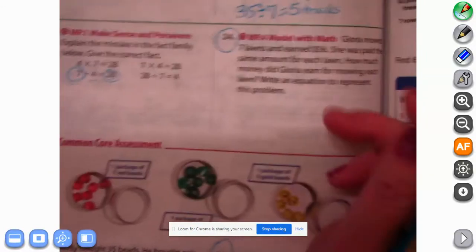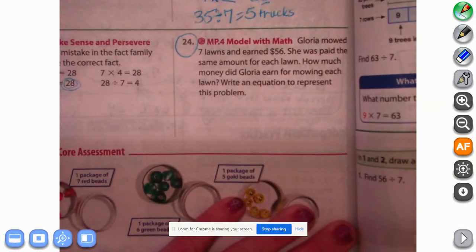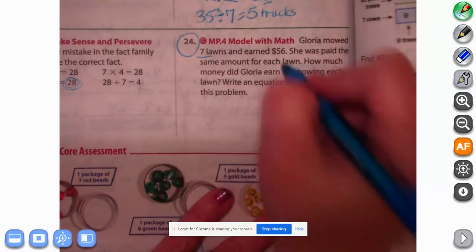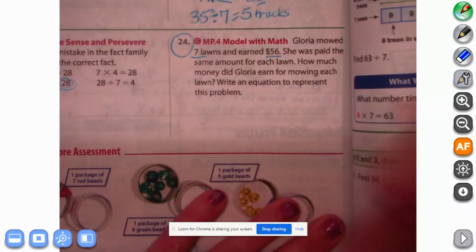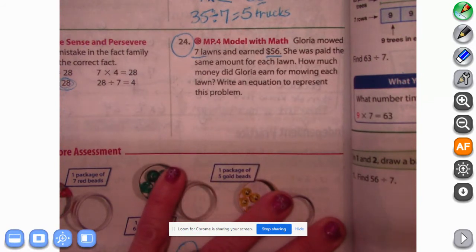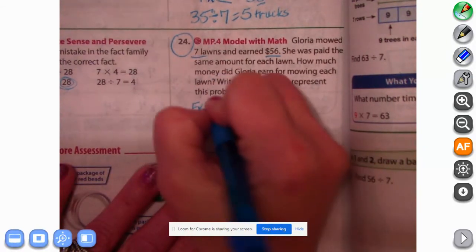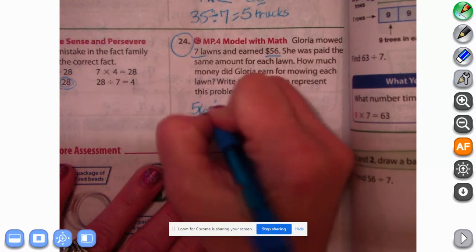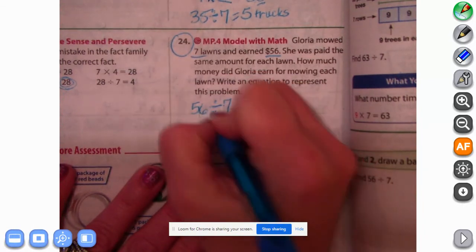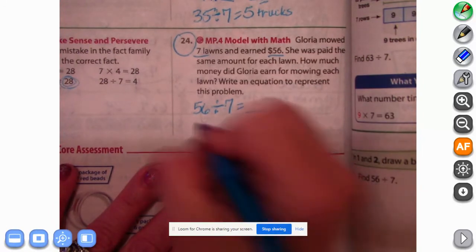All right, we're going to scooch over to 24. Gloria mowed 7 lawns and earned $56. She was paid the same amount for each lawn. How much money did Gloria earn for mowing each lawn? Write an equation to represent this problem. Okay, so she has $56. And it was 7 lawns that she had to mow. So how much was each lawn? How much did she get paid for each one?